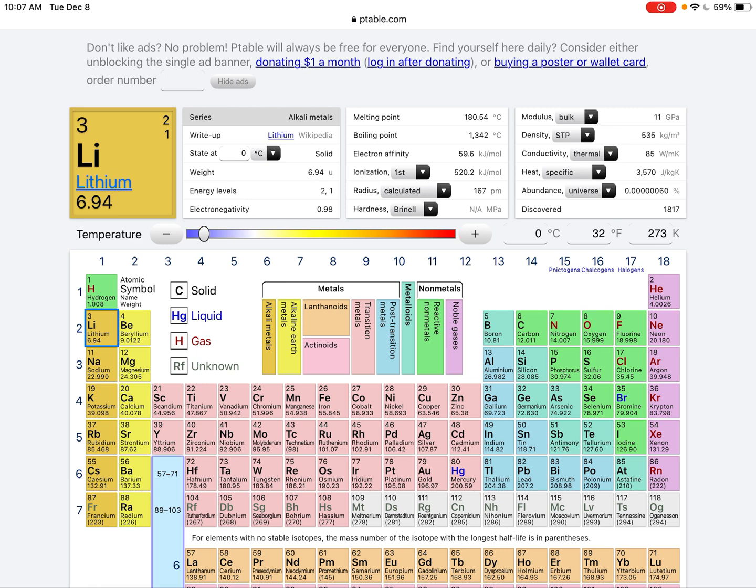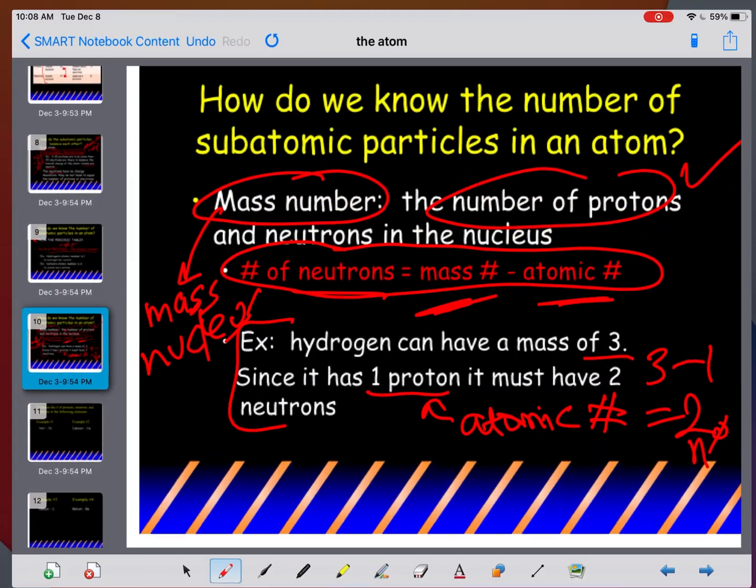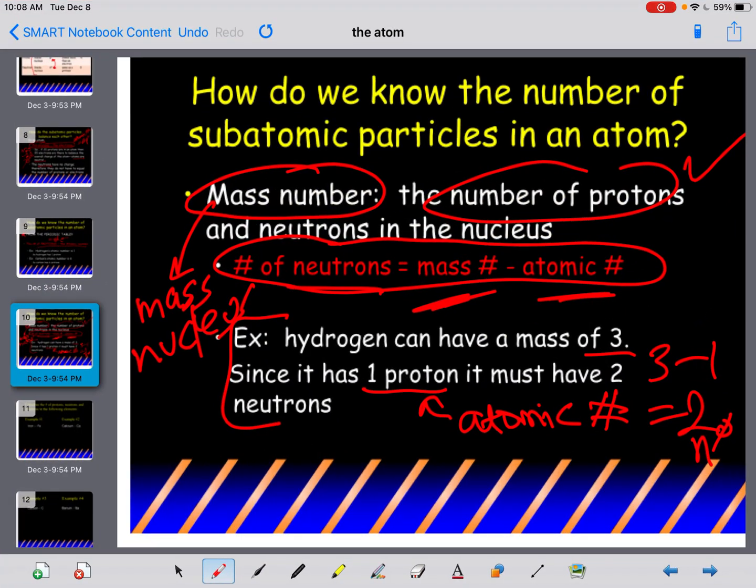Sometimes the question will be specific and want to know for lithium 7 or lithium 6, and I'm going to show you what to look for then. But in general, if it just says a lithium atom, you just round to a whole number. Nitrogen atom, 14. Boron, you would round that to 11. So unless you're looking at specific isotopes, you want to be using the average.